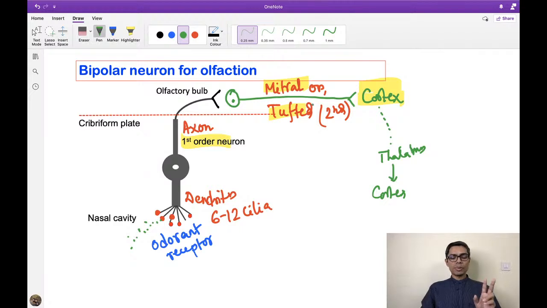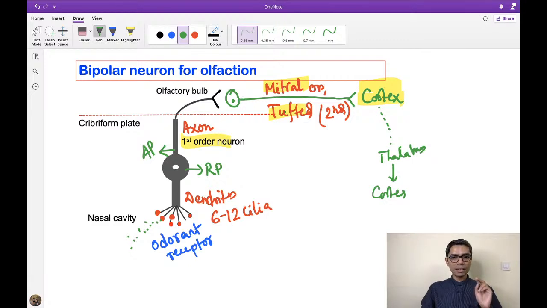So what is the bottom line from here? The bipolar neuron contains the odorant receptor, okay? And if the odorant receptor is stimulated, it will produce receptor potential here, and that receptor potential will generate action potential here. Action potential will travel to the olfactory bulb. At the level of olfactory bulb, the first order neuron makes a synapse with the second order neuron. What are the second order neurons?